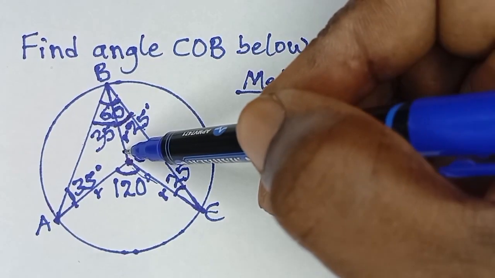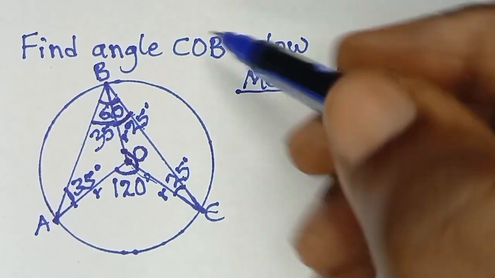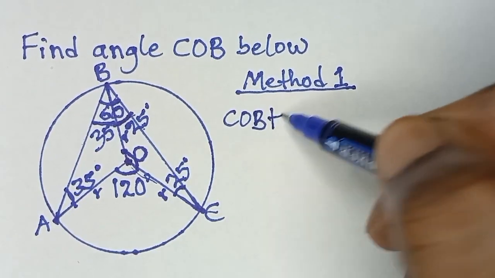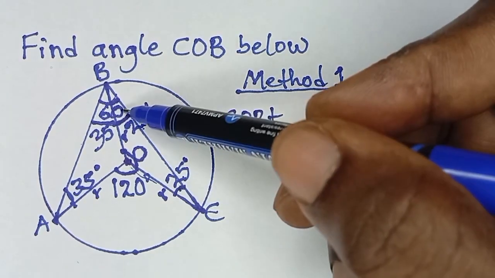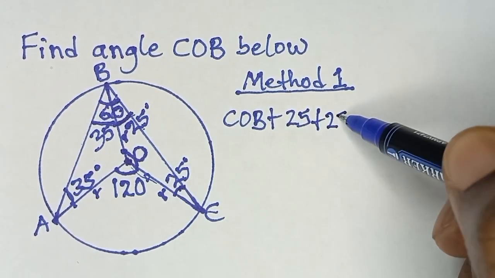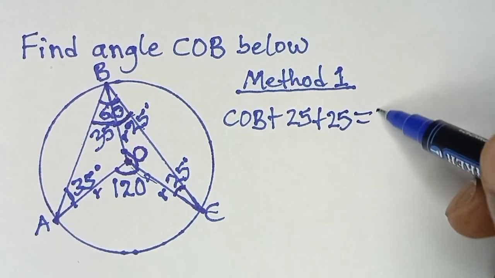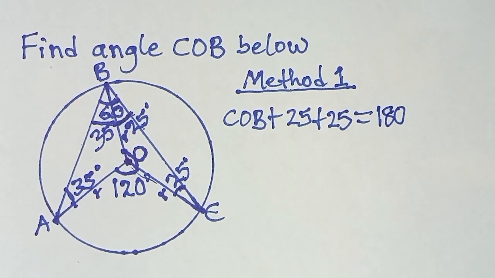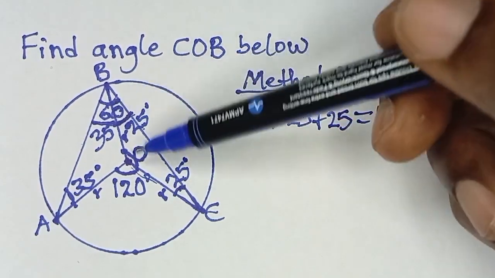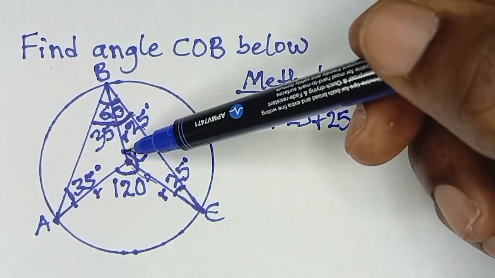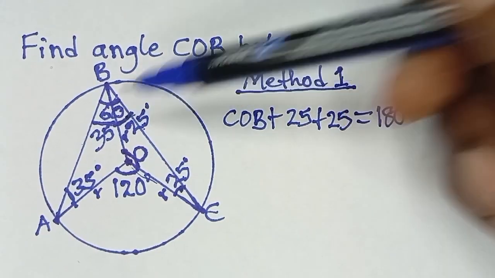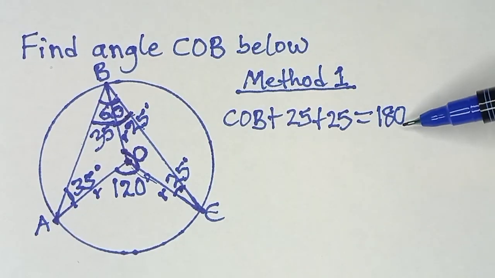Then for us to get this angle COB, I simply say COB plus 25 plus 25 should be equal to 180 degrees, because the sum of angles in a triangle is 180. So this angle COB plus this 25 plus this 25, which is what I've written here, make 180.